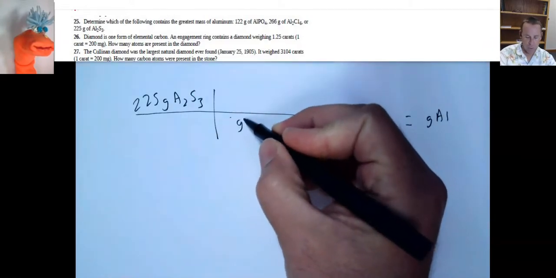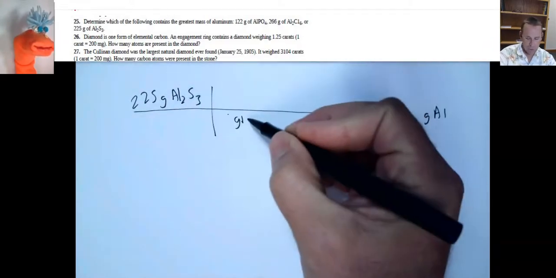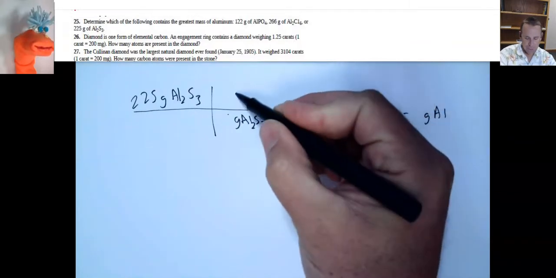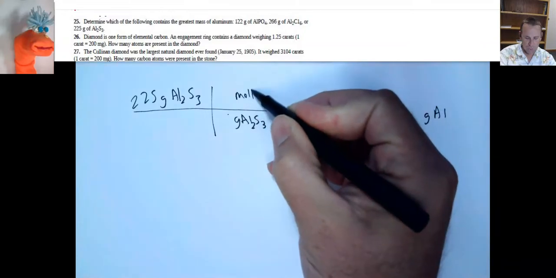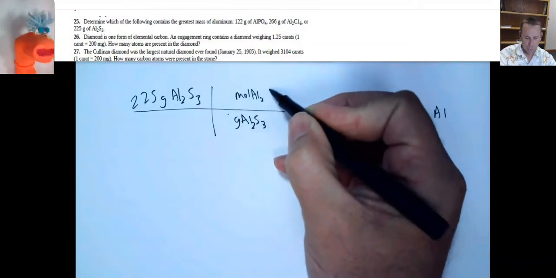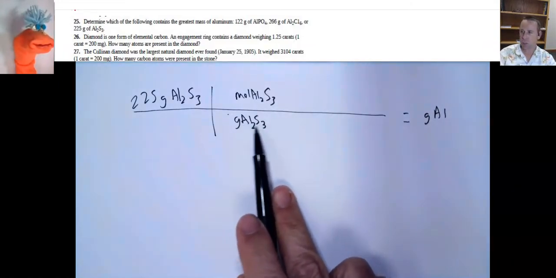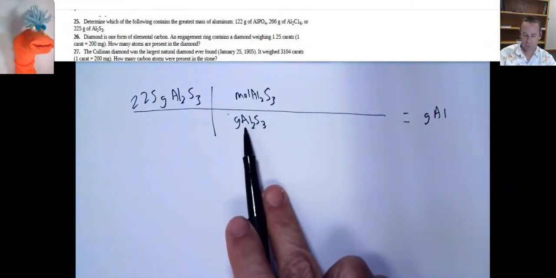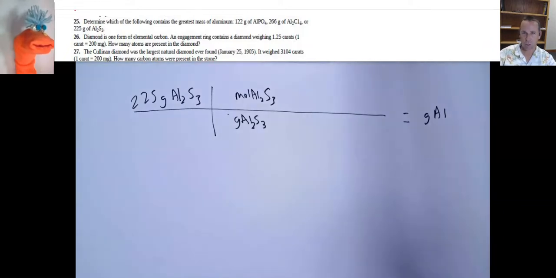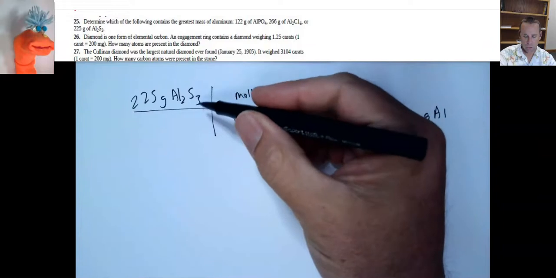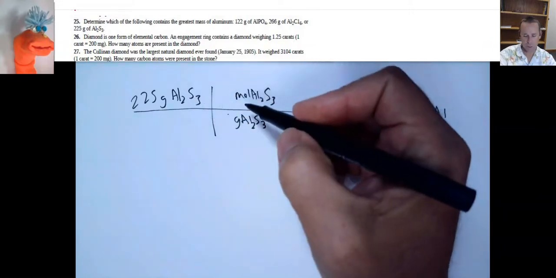I need to go from grams of, oh, they're missing an L there, grams of aluminum sulfide to moles of aluminum sulfide. Why do you go to moles? Well, these compounds, their ratio of atoms within the compound are expressed in moles, and so that's why we go to moles. Okay, it's a way to use the stoichiometry of that chemical.